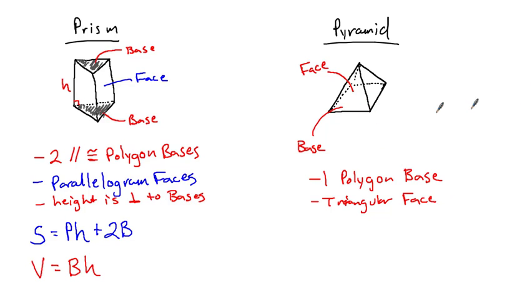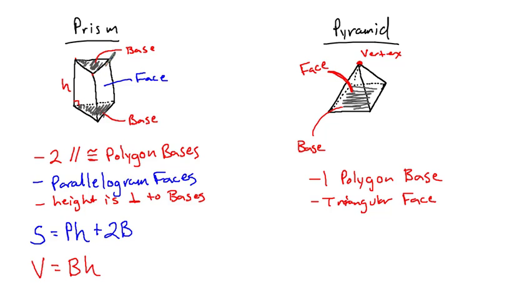Our base is this bottom, and then our face is the actual triangle flat face, and the base is that bottom square parallelogram thing. Another thing that pyramids have that prisms don't have is they have one vertex up at the top. So they have a very tip top. Now these all have a vertex too, right?